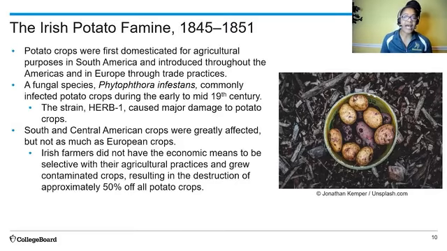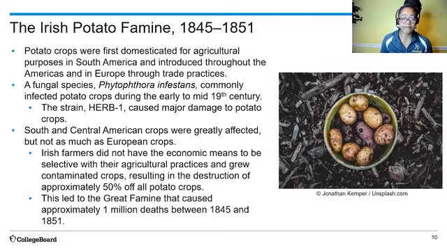That's because in Europe, certain places like Ireland, due to economic status, the Irish farmers weren't able to be as selective in which crops they cultivated, and they inadvertently began to spread this infection. Widespread infestation occurred that resulted in the destruction of approximately 50% of all potato crops.